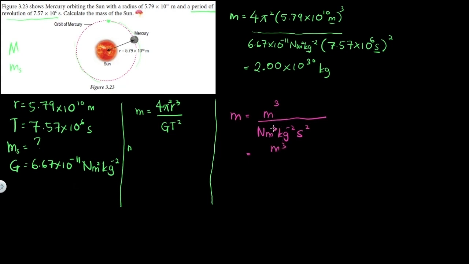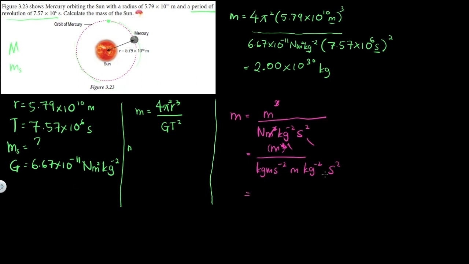We can cancel out m first. Here we have m square, so the upper part we have only m, divided by Newton which is kilogram meter per second square. We have another m outside, and then kilogram minus 2, and here we have second square.